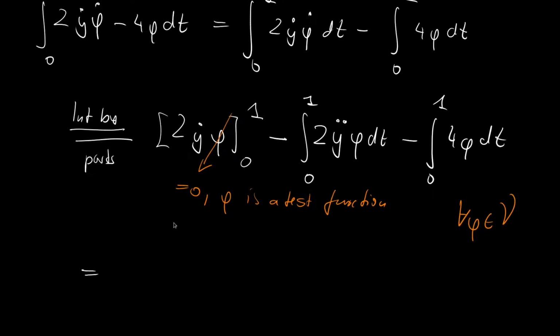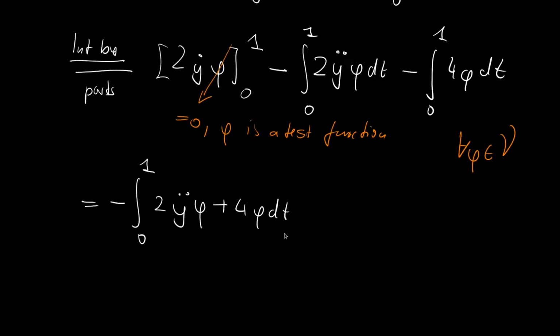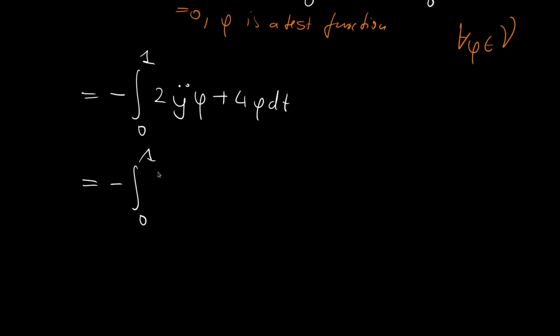And get the following, and we have then minus the integral from 0 to 1 over 2 y double prime phi minus, and let's put the minus in front of the integral, so we get plus 4 phi dt. And now we have another property, so let's make it like this. So the integral from 0 to 1 over 2 y double prime plus 4 in brackets multiplied by phi dt.